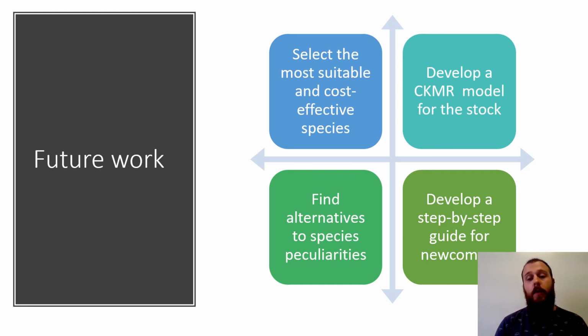And finally, we would like to develop a step-by-step guide for newcomers to close-kin mark-recapture, so that anyone interested in applying it to any stock or species would have easier steps to follow to get to an initial evaluation to see if it is feasible for that species of interest.